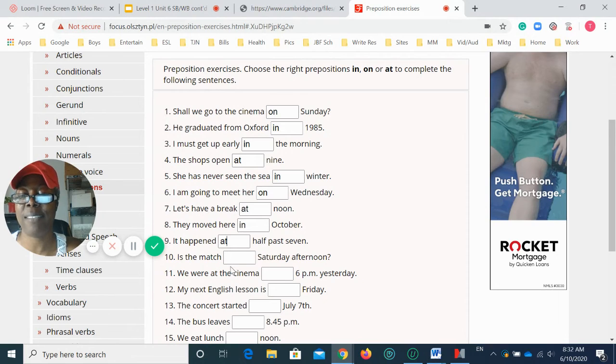Happened at 7:30. Then now here's an example of a day plus a part of the day. Saturday afternoon. So when we have a day plus a part of the day, what do we use? On. Is the match on Saturday afternoon?